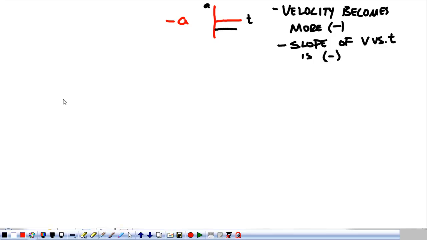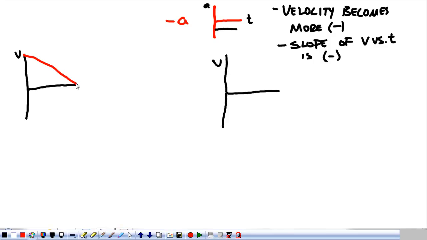Okay, so let's look at our velocity versus time graphs. We're going to do two different cases because it means two very different things. The first one will stay moving forward, but will have a negative slope. That should be a straight line, but you can deal with it.